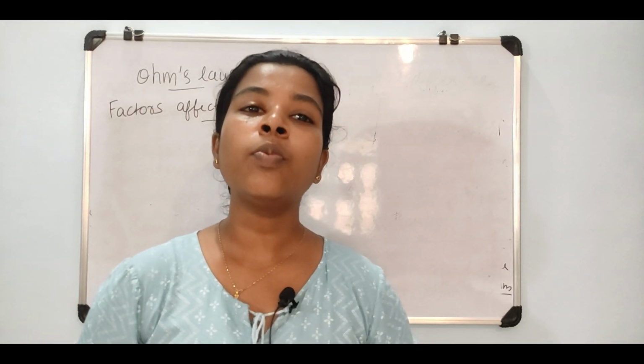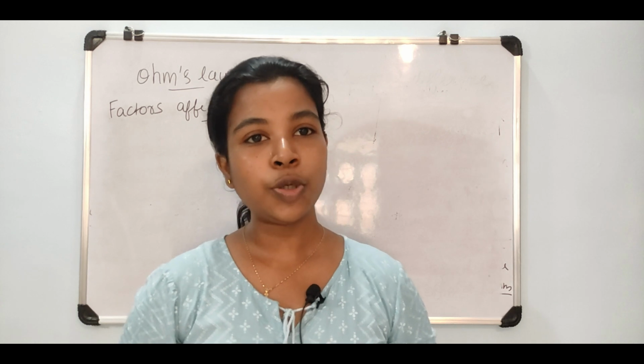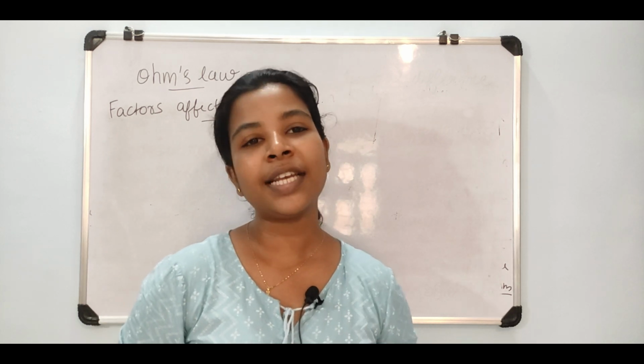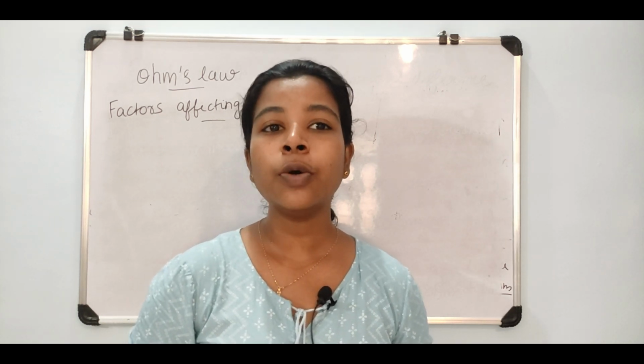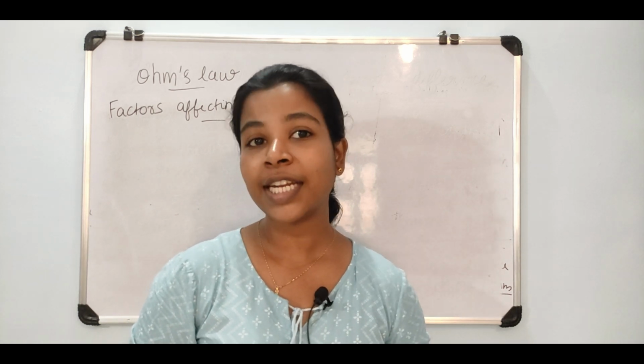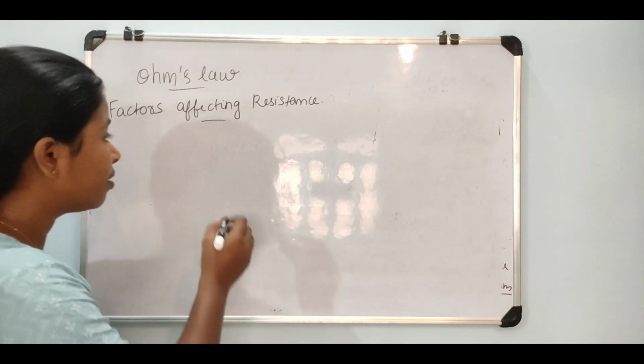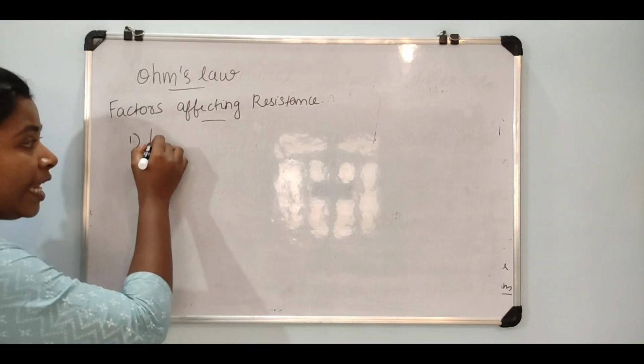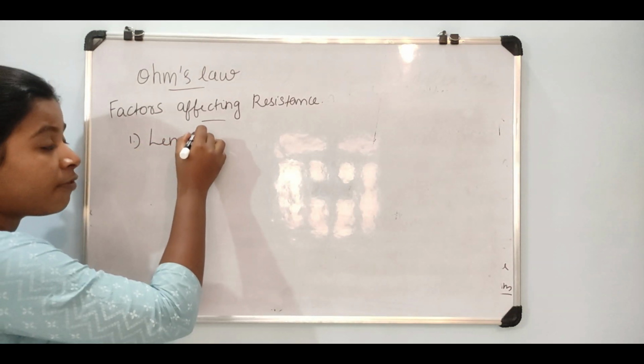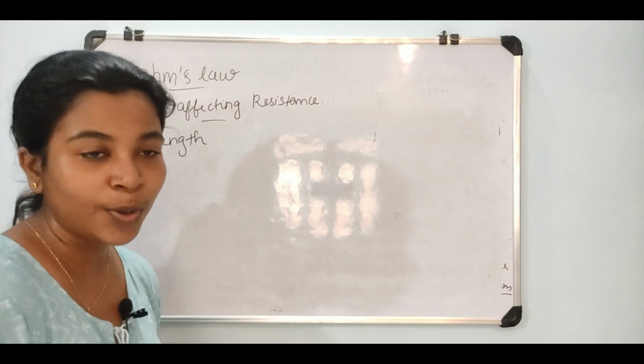So, we have learned about what is resistance. Now, let's come to the factors that affect the resistance. Okay, so there are 3 factors affecting the resistance. What is the first one? First one, length. The length of the material. Okay.